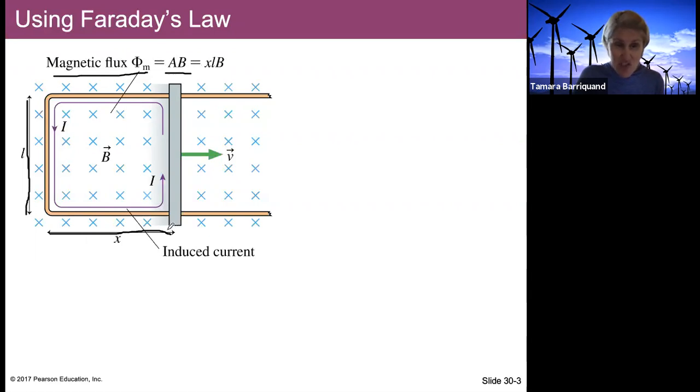And X is what's changing as we slide this piece of the wire here at a velocity V to the right. So the area is equal to X times L, and the area times B is going to be equal to XLB.